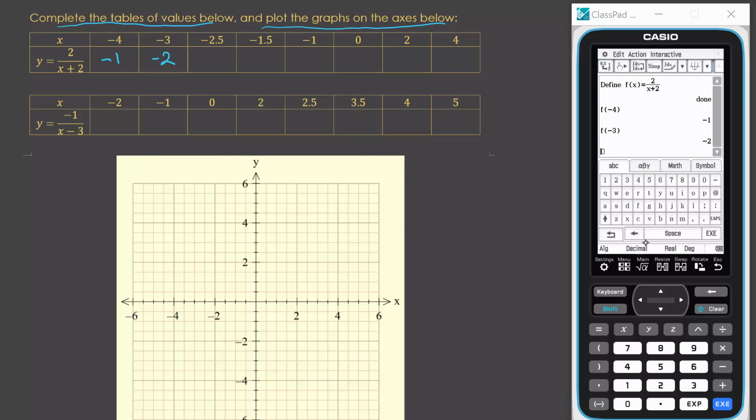And then I'm going to do f of -2.5. And that gives me -4. And then I'm going to do f of -1.5. And that's going to give me 4.